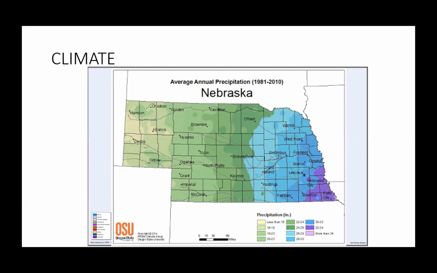So in Nebraska, because we're kind of on the edge of the rain shadow, it's much drier out in the western part of Nebraska than it is in the eastern part of Nebraska. So what you end up seeing as you go across Nebraska, if you got a profile from each point, is your topsoils get thicker as you go across the state.